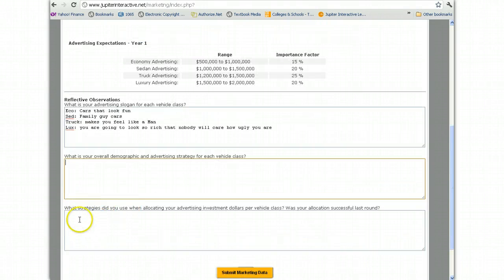Some of the other boxes, like down here, ask: what strategies did you use when allocating your advertising investment dollars per vehicle class? Was your allocation successful last round? These questions will have to be updated each round. So you may want to keep a Word document of what you wrote last round and keep it saved, so you can quickly modify it for the next round and just add in how successful you thought your advertising was.